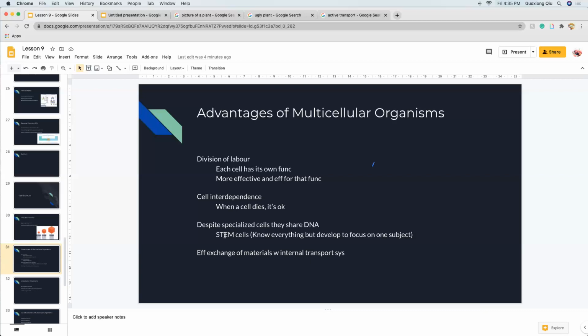We have an internal transport system, which is our blood vessels, and we have an efficient exchange of materials as our blood vessels carry oxygen to all the cells in our body, and then it brings CO2 to our lungs, and we breathe in and out. We have this efficient intake of oxygen and outtake of CO2, which is the exchange of materials, with our internal transport system, which is the circulatory system.